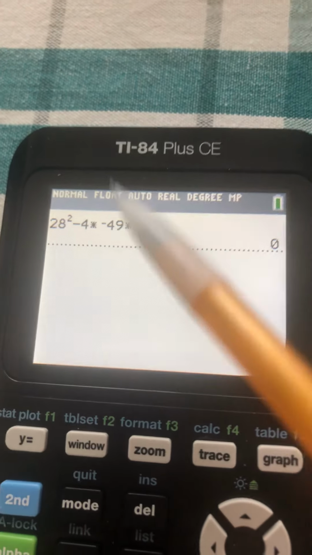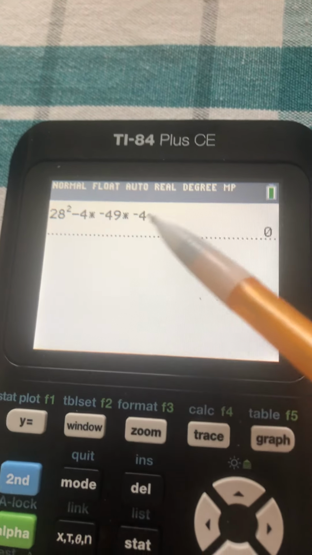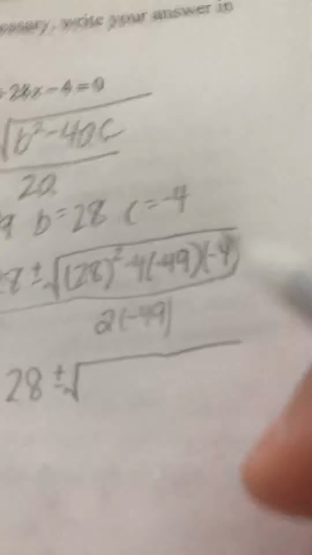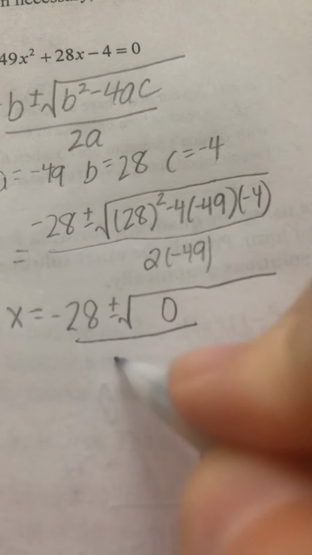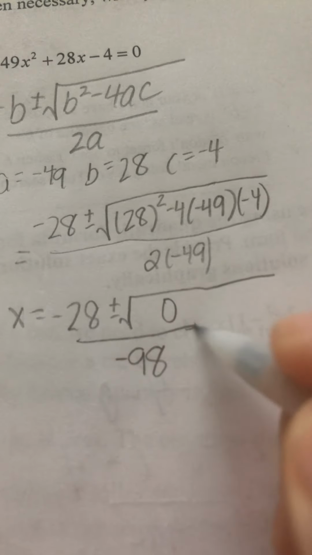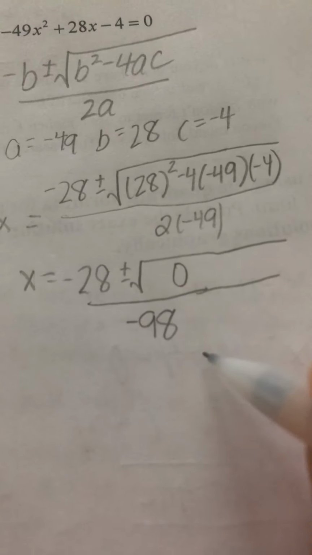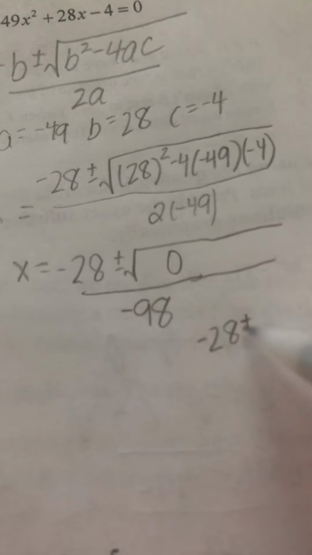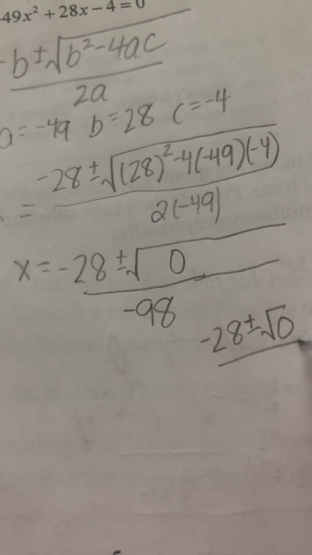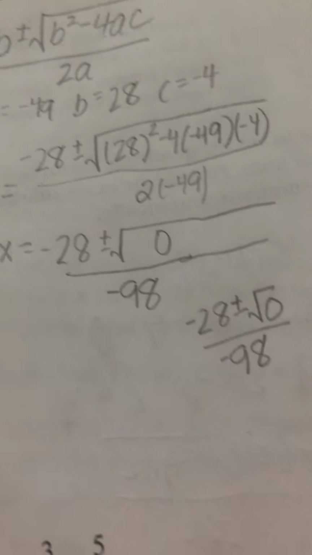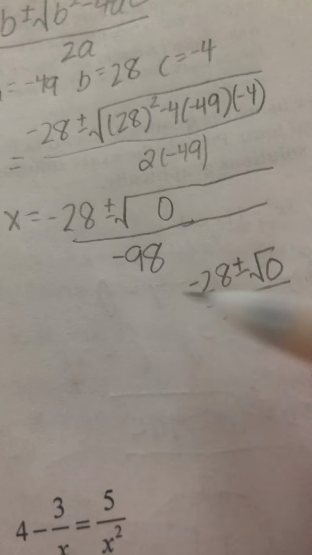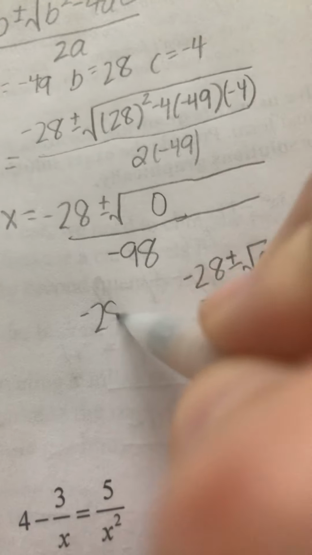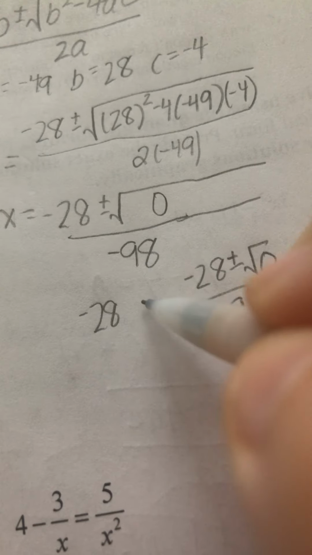That's everything that was under the radical. Okay, and you get 0, all over -98. So you're going to end up getting -28 plus or minus the square root of 0 over -98. So it's -28 plus or minus 0 over -98.